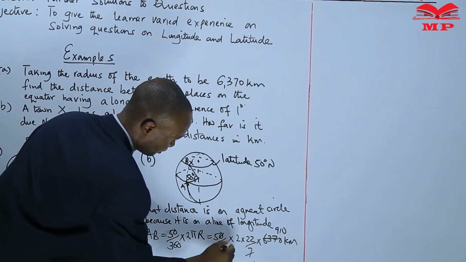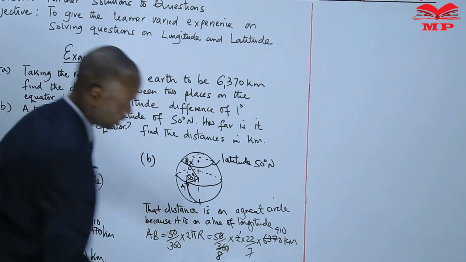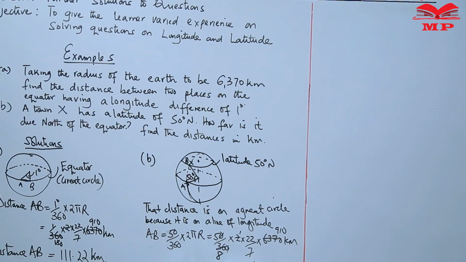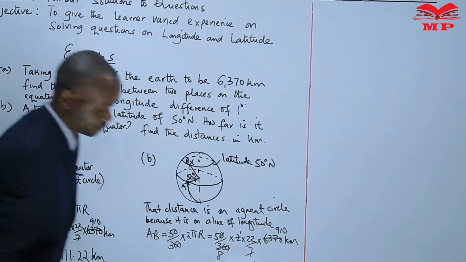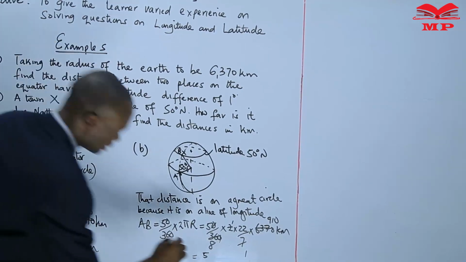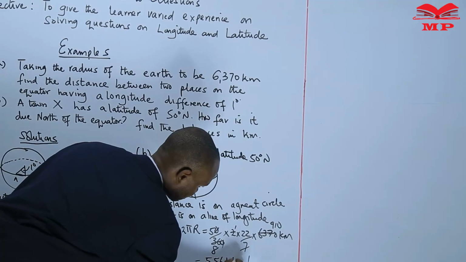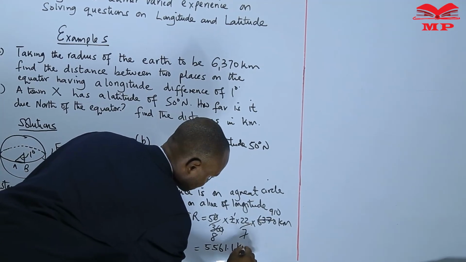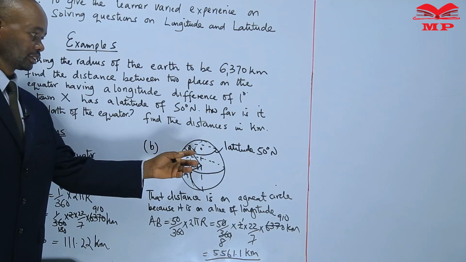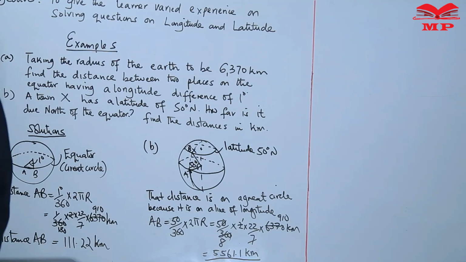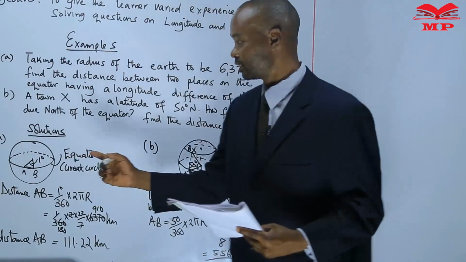If you work that out correctly, you'll get 5,561.1 kilometers. So that distance AB, which is the distance of that longitude from the equator, is 5,561 kilometers.